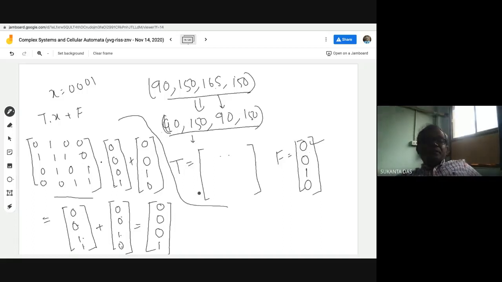In the previous case, from 0001 we went to 0011, but here from 0001 I am getting again 0001. The same configuration comes back, so it forms a self loop.